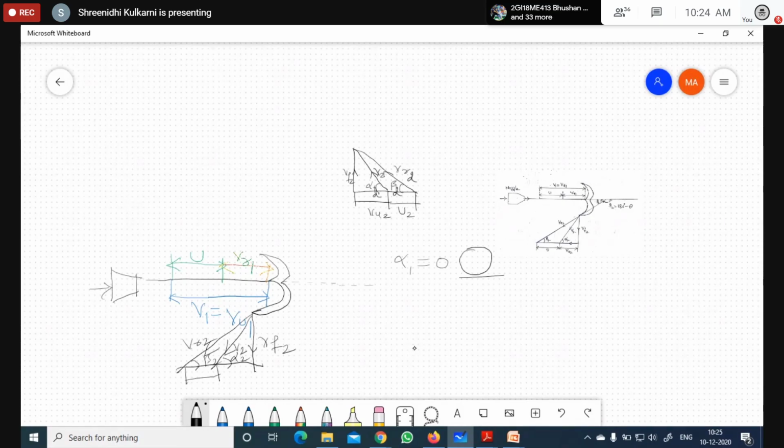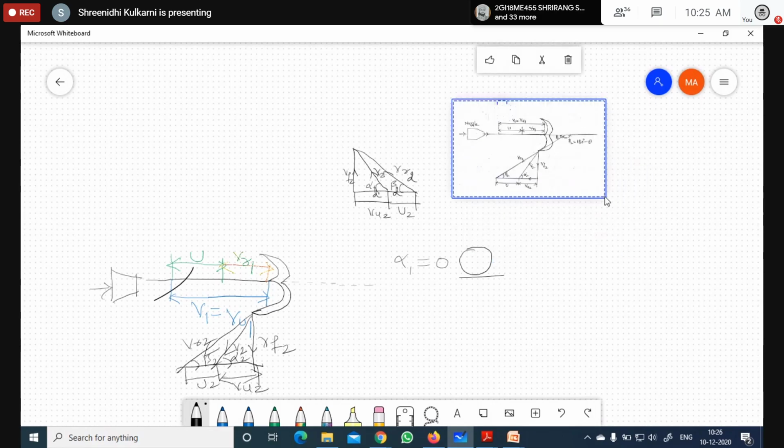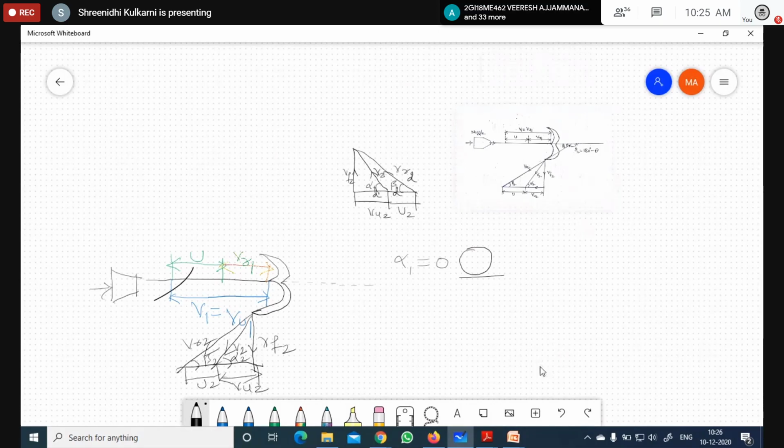From here to here it is U or U2. This is VU2, same as whatever we have here. Clear? If you draw in the upward direction, you just change the direction. I hope you understood the inlet and outlet velocity triangles. Do you have any doubt?